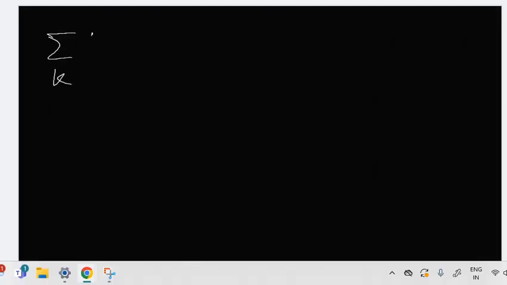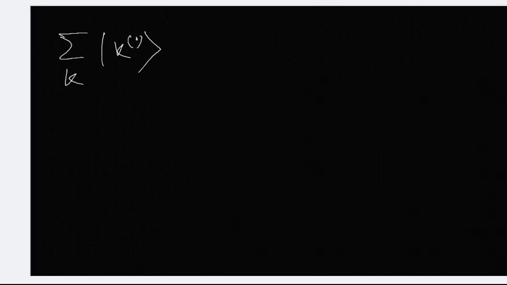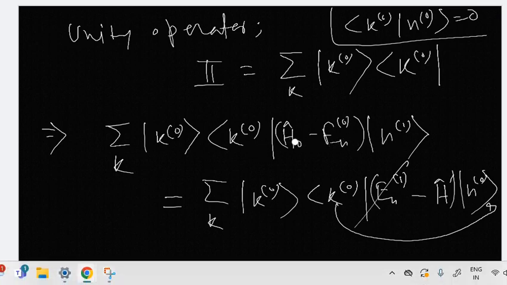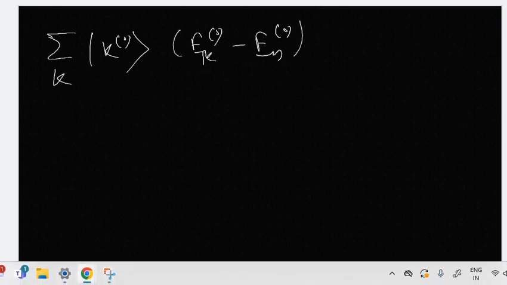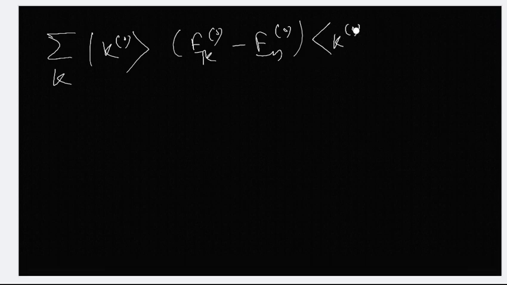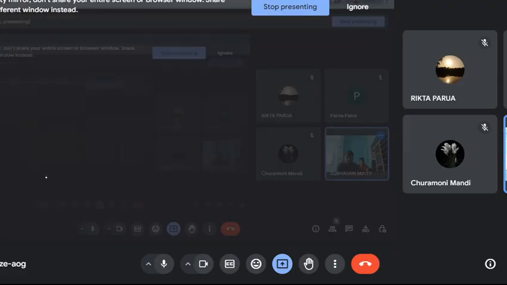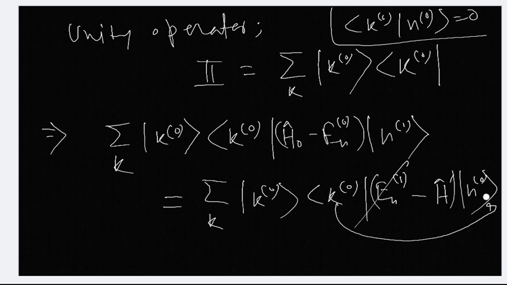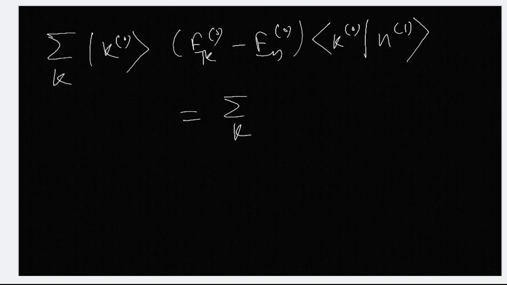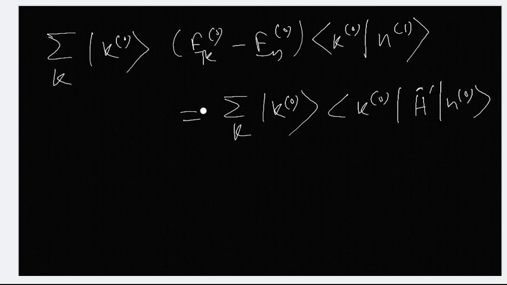So on the left hand side you have summation over k of (Ek0 − En0) |k0⟩⟨k0|n1⟩. This equals summation over k of |k0⟩⟨k0|H'|n0⟩ with a minus at the front.